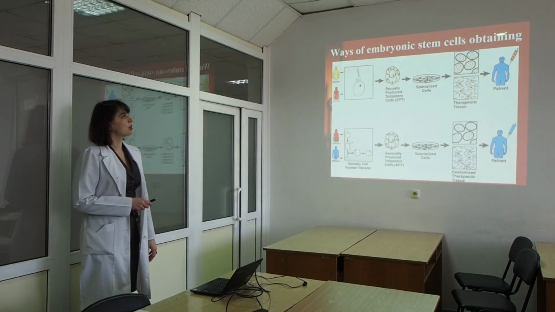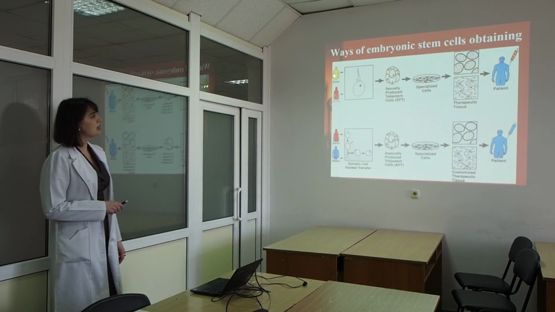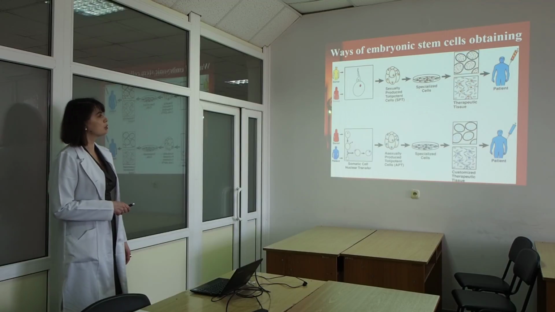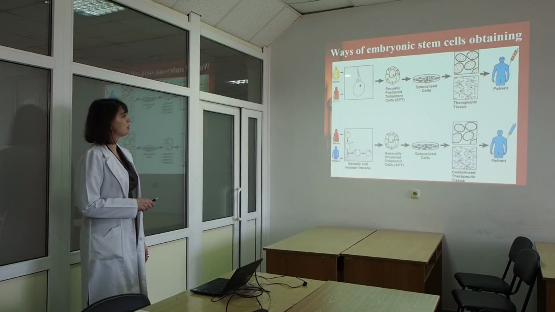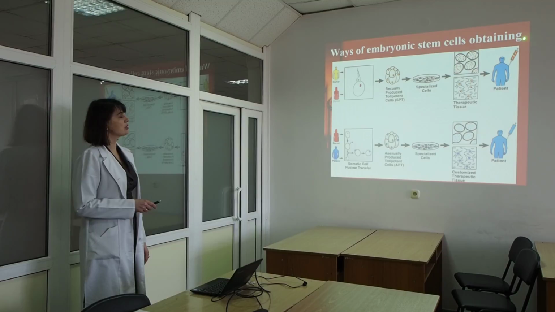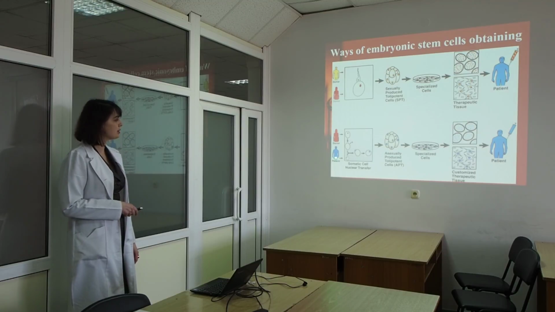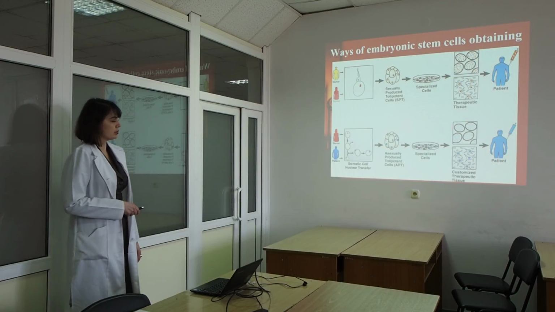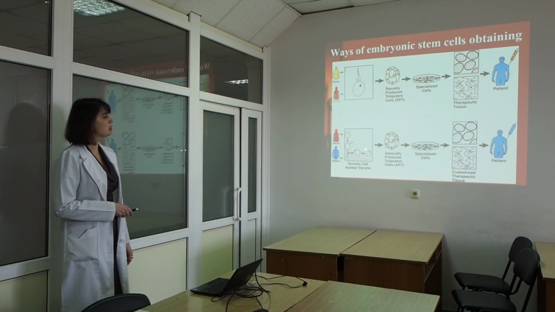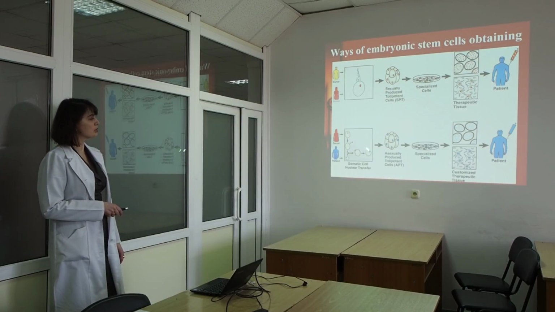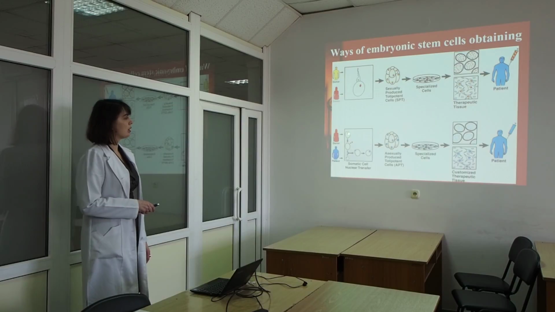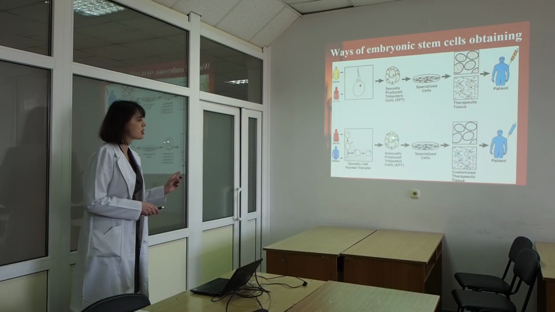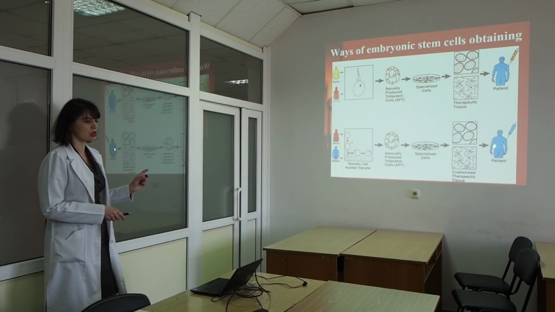And ways of embryonic stem cell obtaining. They can be obtained de novo from 2 people, donor and donor fertilization, and then transferred to the patient. But better, I'm sure you will agree with me, to take the nucleus from this guy, from this donor, put it into the egg of some woman, and then produce the cells which are almost the same as the patient's tissues.